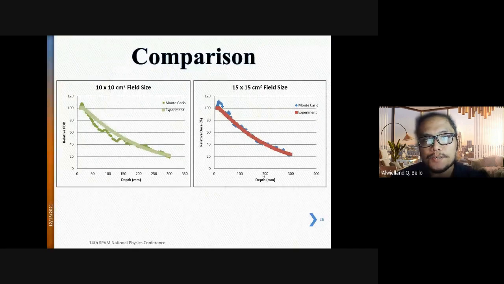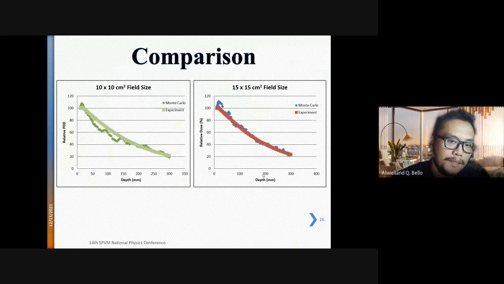So for the comparison, again we have the relative PDD versus the depth in millimeters in both the Monte Carlo simulation and the actual experiment. So take note, these are varying field sizes. The green one is for the 10 by 10 square centimeter field size, and another is a 15 by 15 square centimeter field size.